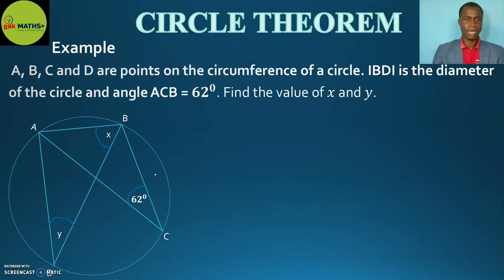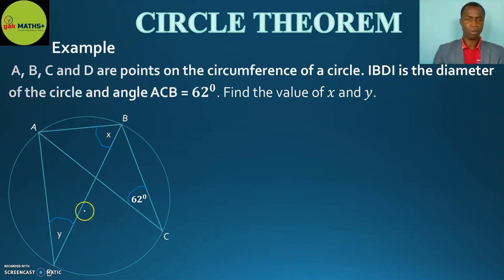Example 1. A, B, C, and D are points on the circumference of a circle. Line BD is the diameter of the circle and angle ACB is equal to 62 degrees. Find the value of X and Y. Now, looking at the shape, we note that the angles subtended at C and D are equal because they are subtended from the chord AB.